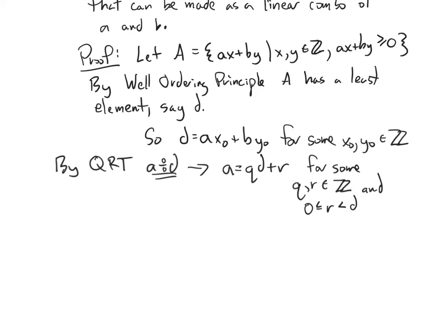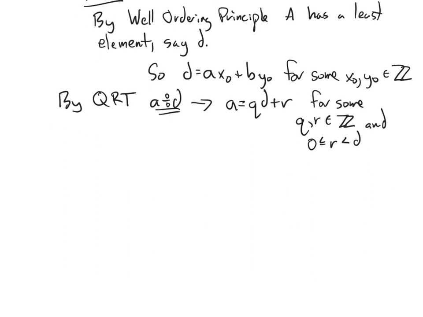And we can just rearrange that for R. So if we look at this, we get that R is A minus QD.